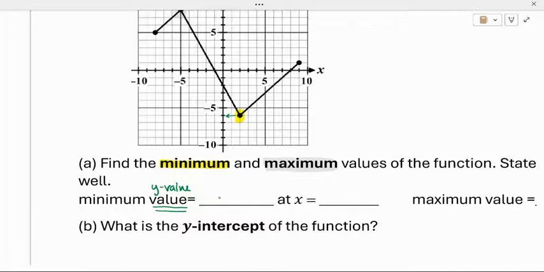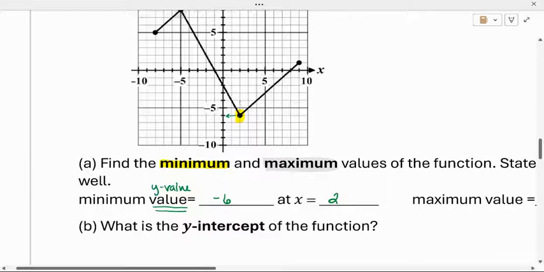It's... -1. This is -5. I'm down one below it. -6. Okay. And it happens at x equals, so you get your minimum of -6 when x equals 2. Good job. You get your minimum when x equals 2.